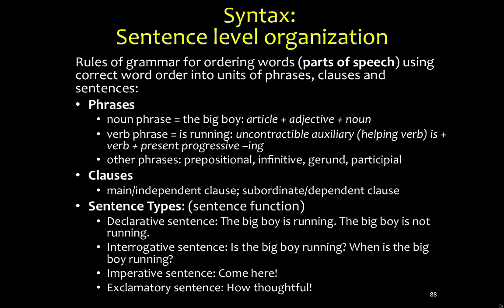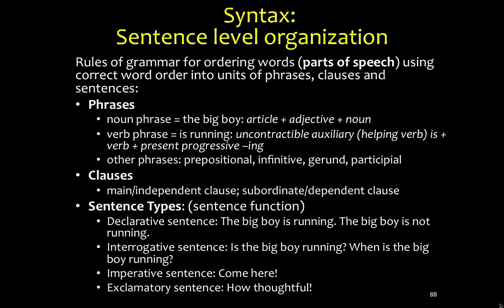But for now, just as an introduction, let's take a look at a noun phrase such as the big boy, and know that this phrase is created by combining parts of speech, an article, an adjective, and a noun together and in this word order to form this grammatical noun phrase.